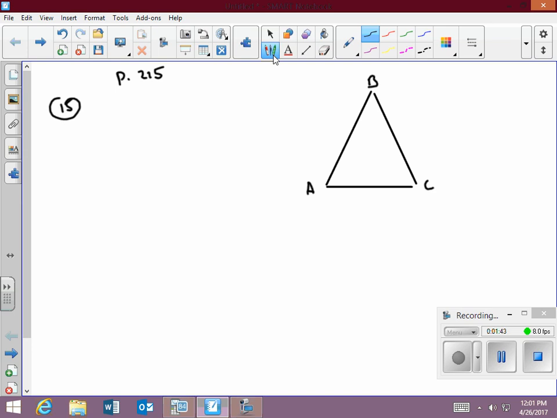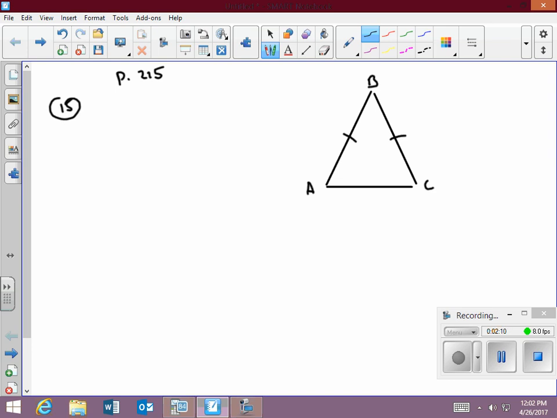Those two sides constitute the congruent sides. And then it says a median drawn from the vertex angle is perpendicular bisector to the base.